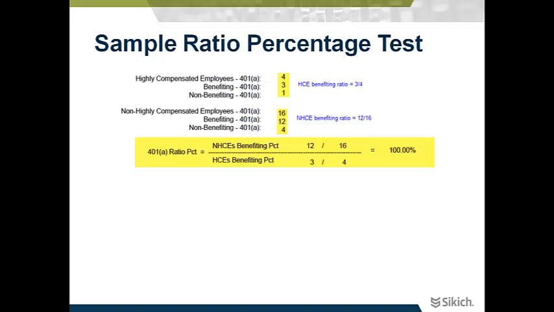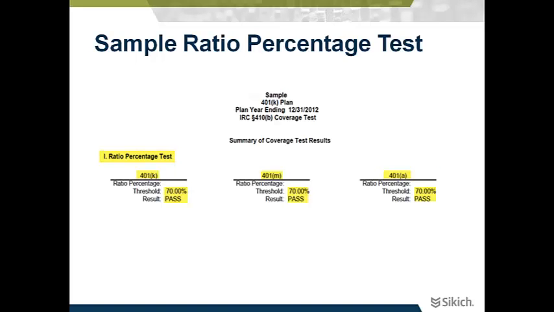And then for the 401a4 ratio percentage for the profit sharing component, we have another pass. Again, we took the non-highly compensated employee benefiting ratio and divided it by the highly compensated benefiting ratio, and it was more than 70% as well. And then this last screen is a summary, and it shows you the three components, and all three plans have passed the coverage test.